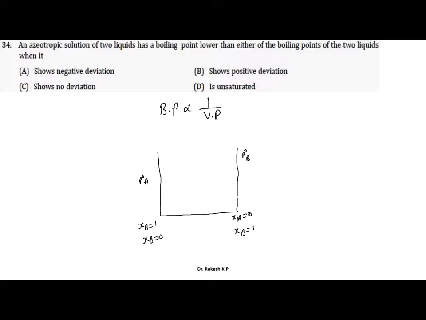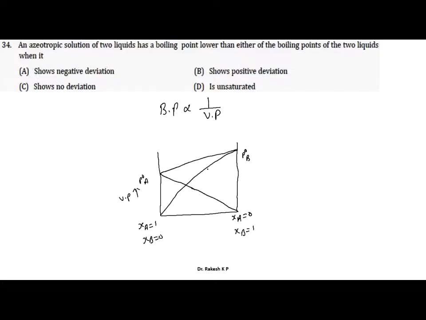Remember one thing, the p naught a and p naught b should not have the same vapor pressure here. So this is the vapor pressure I am going to indicate. The vapor pressure of this one will decrease, and here we are going to get like this. And here the vapor pressures will be like this. See this one, and this is the total vapor pressure of the solution here.